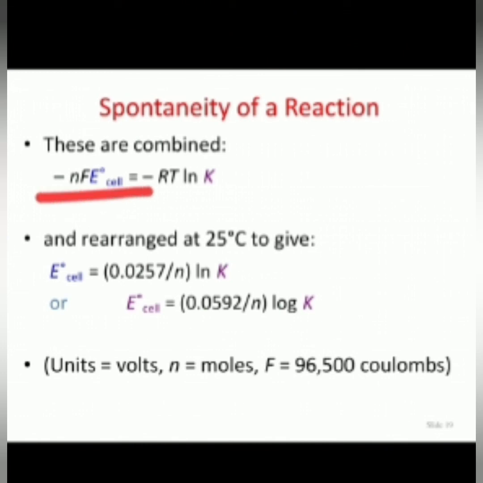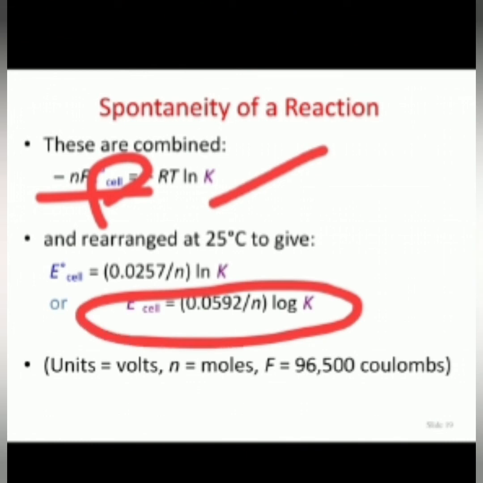We get minus nFE cell equals minus RT ln K, and that rearranges at 25 degrees Celsius to give E naught cell equals 0.0257 upon n ln K, or E naught cell equals 0.0592 upon n log K. This is very important for calculation purposes.